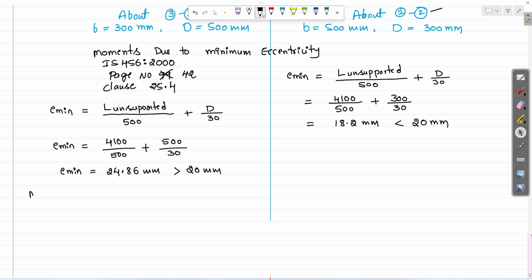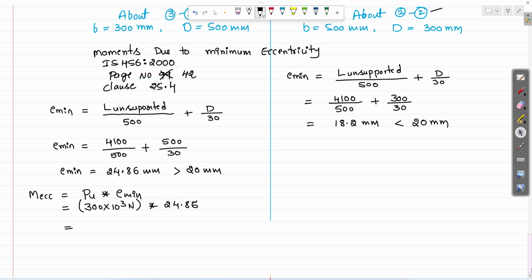So moments due to minimum eccentricity equals Pu multiplied by minimum eccentricity. So Pu is 300 into 10 power 3 Newton multiplied by minimum eccentricity. It is 24.86 or 87.